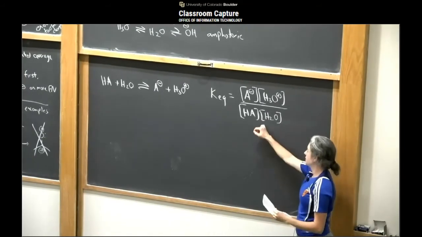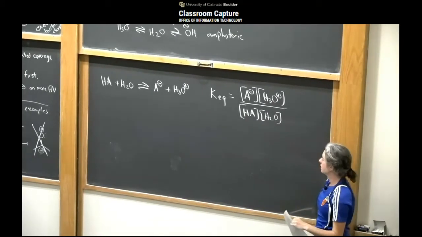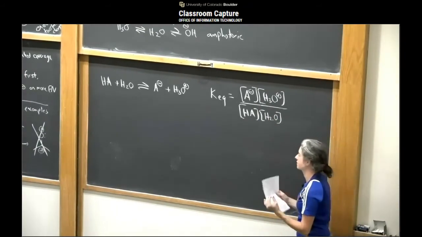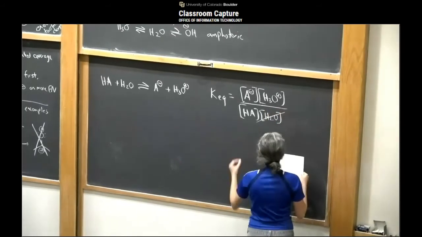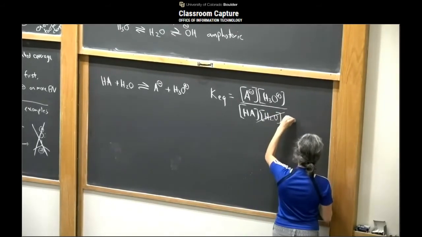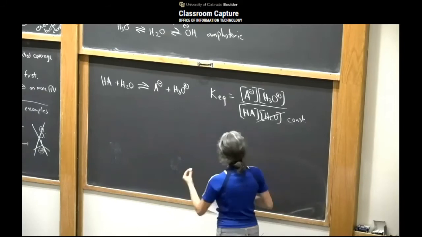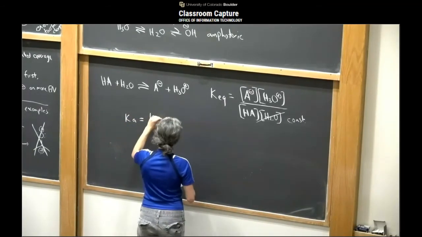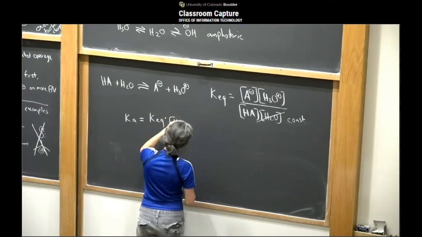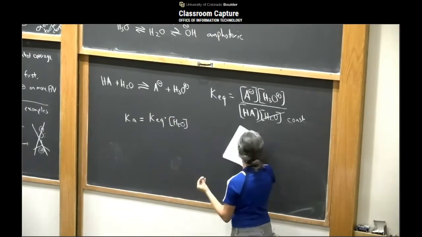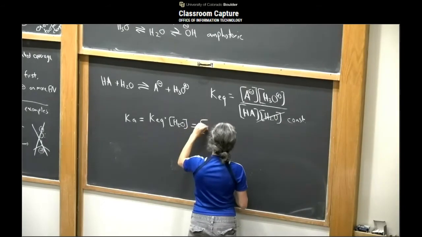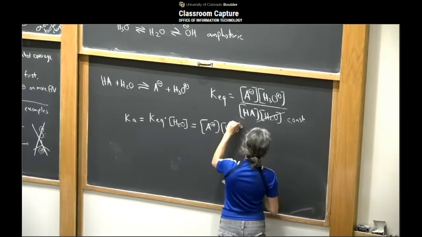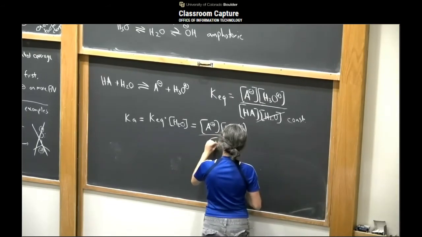But because the concentration of H2O is more or less constant, you're doing this stuff in water, the amount of water is not changing appreciably because there's a lot more of it, we're going to treat this as a constant. And so we're going to define Ka as Keq times, getting that term out from under the bottom of the fraction here, [A minus][H3O plus] all over [HA].